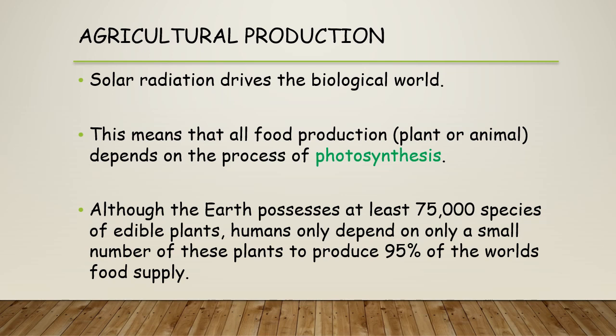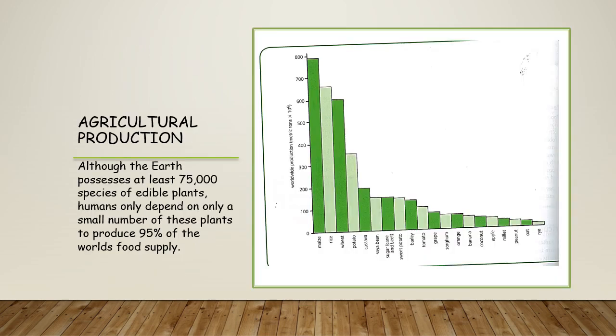But also as well, there's 75,000 species of edible plants that humans can rely upon. Only a small number of those plants produce about 95% of our food supply. So despite 75,000 being available to us, the majority comes from a very narrow amount of those plants. So to put that in graphical form, you can see that maize or corn, rice, wheat and potato, those first four are the biggest contributors in terms of worldwide production.